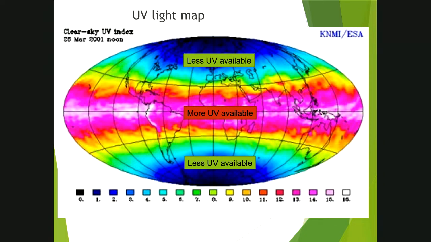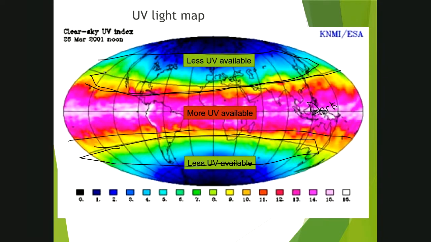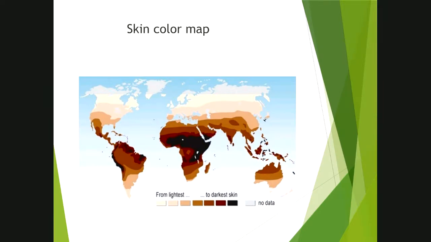So if your ancestors came from anywhere in this belt right here, they're going to tend to have dark skin, because the chances of them getting rickets are very low, but the chances of them getting skin cancer are very high. And then if your ancestors came from anywhere in these areas, you're going to be much lighter in color. And so if you look at a skin color map, it looks just like this.